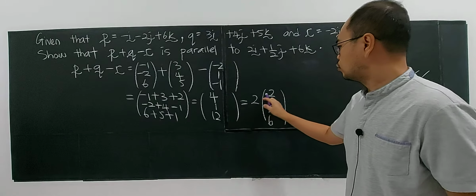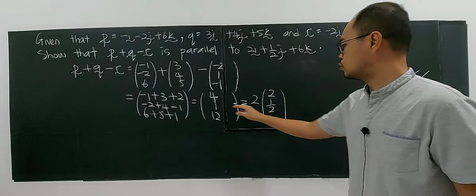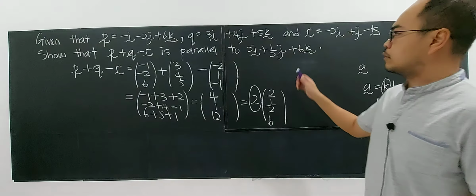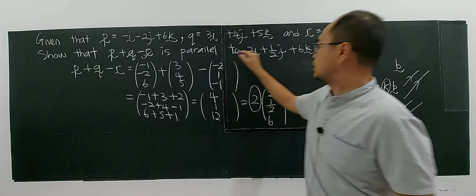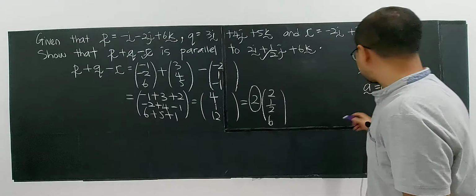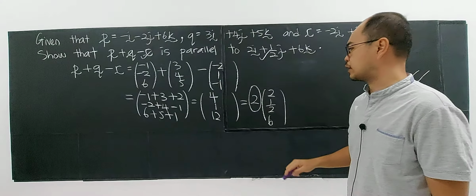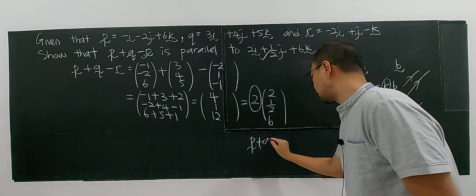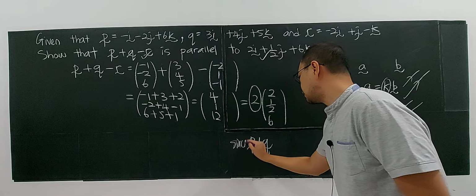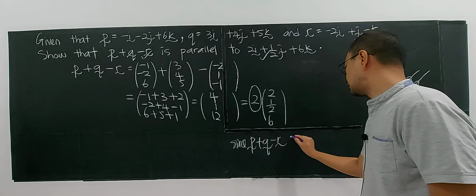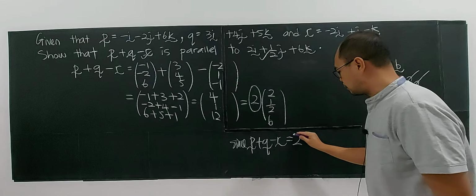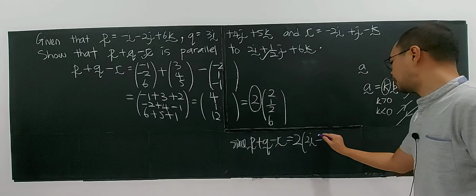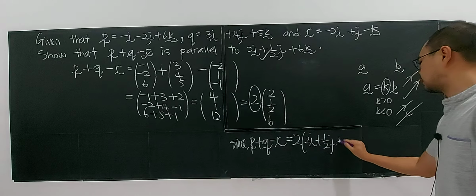You see that 2 times 2 gets 4, 2 times 1 over 2 is 1, 2 times 6 gets 12. They can be related by a scalar, which is 2. This means the two vectors are parallel and in the same direction because k is positive here. So P plus Q minus R is the same as the scalar 2 multiplied with the vector 2i plus half j plus 6k.